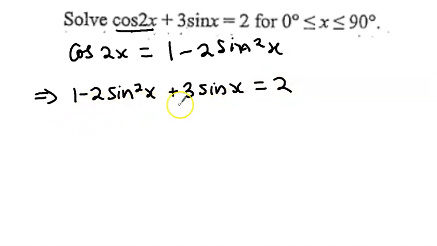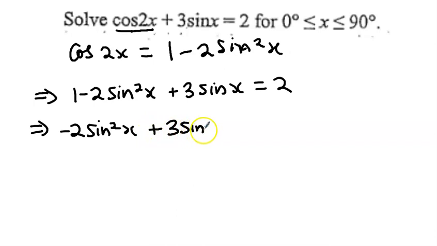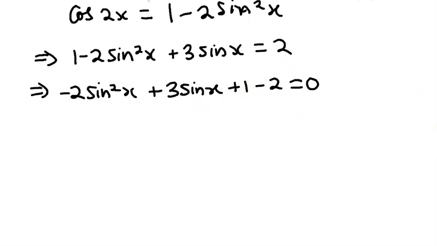So let's rearrange them. So minus 2 sin squared x plus 3 sin x. So let's bring this 2 to this side. Plus 1 minus 2 is equal to 0.